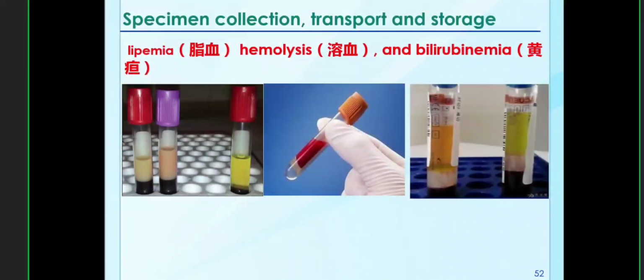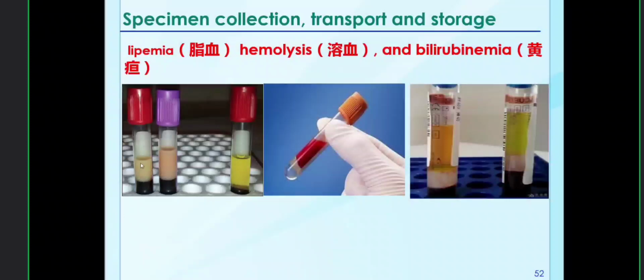Next slide shows some lipemia samples. The blood sample in this small tube is normal. The left two samples are lipemia.